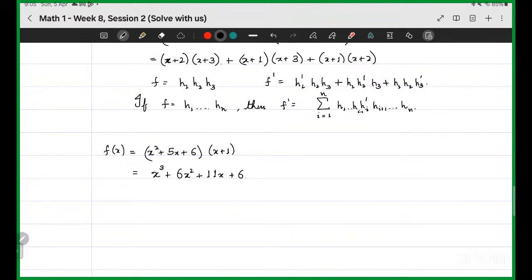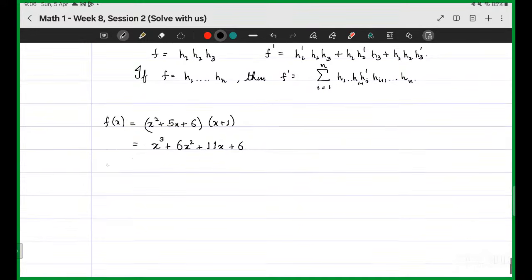Is this correct? Yes. Right. So here you can just do the usual derivative. So this is the second way. We have the answer. There are multiple ways to solve it. Once again, we get the same result.